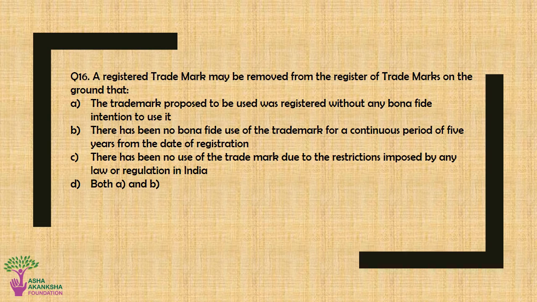Option C, there has been no use of the trademark due to the restrictions imposed by any law or regulation in India. Or option D, both option A and option B. The correct answer for this question is option D, both option A, the trademark proposed to be used was registered without any bona fide intention to use it, and option B, there has been no bona fide use of the trademark for a continuous period of 5 years from the date of registration.